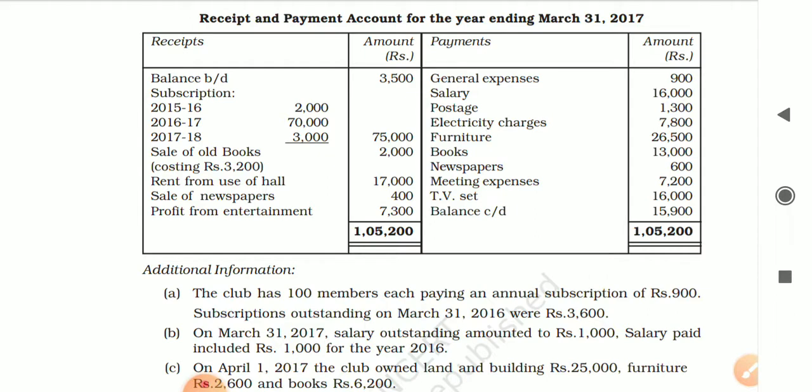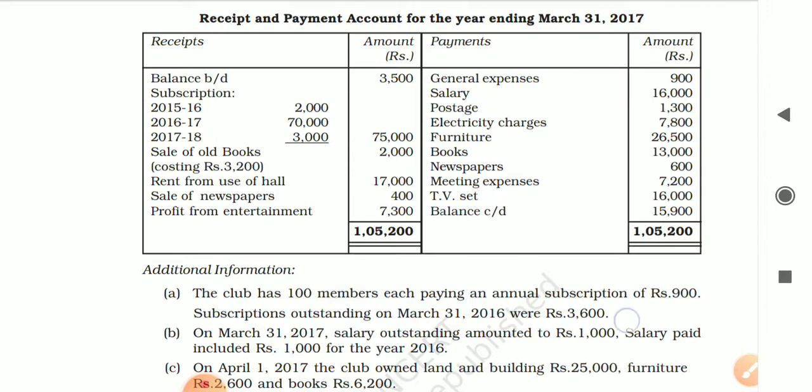Subscription outstanding as on March 31st, 2016 were rupees 3,600. That is previous year's outstanding. Out of 3,600, we have received 2,000. So 1,600 is still outstanding.